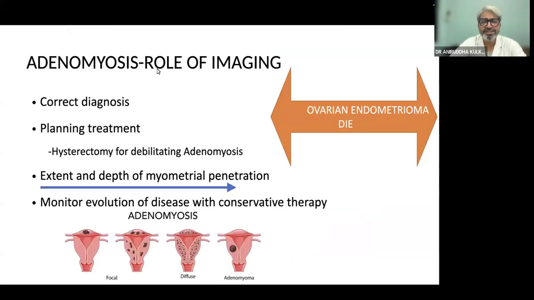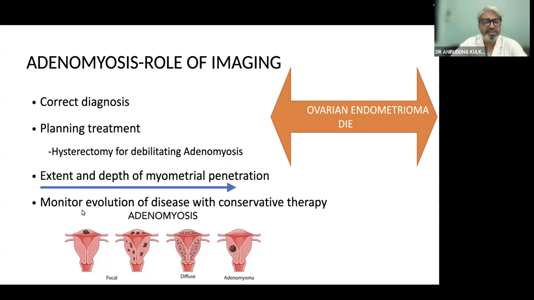Now, in adenomyosis, the role of imaging is for correct diagnosis and treatment planning, out of which hysterectomy is the mainstay, but certain other conservative newer therapies are also available. Our intent has to be to define the extent and depth of myometrial penetration of adenomyosis, and also look for the presence or absence of ovarian endometrioma or deep infiltrating endometriosis.